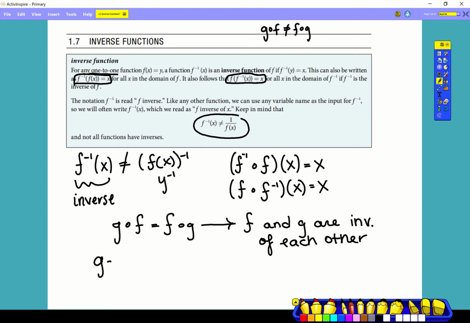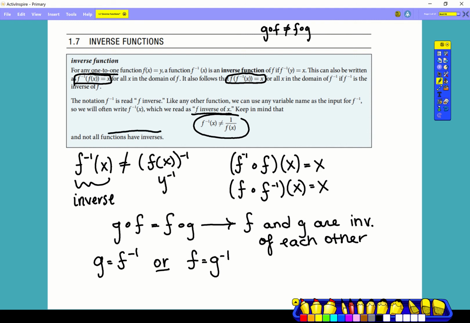So that means g equals f of -1, or you could say f equals g of -1. It'll be one of those. And it's read, you don't say f to the -1, you say f inverse of x.